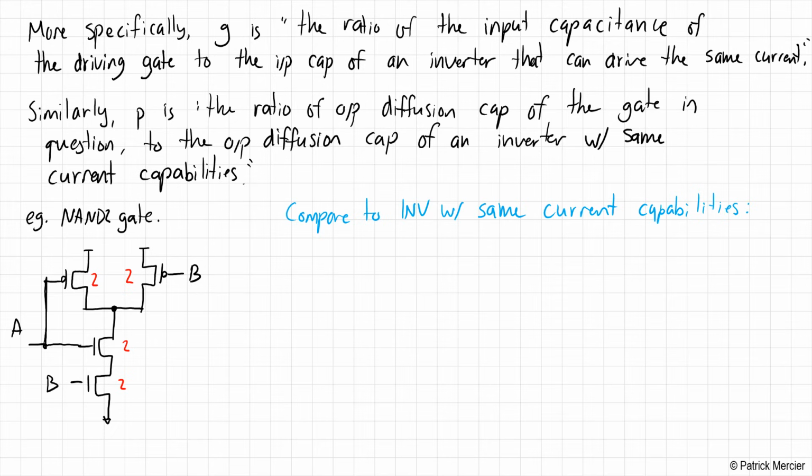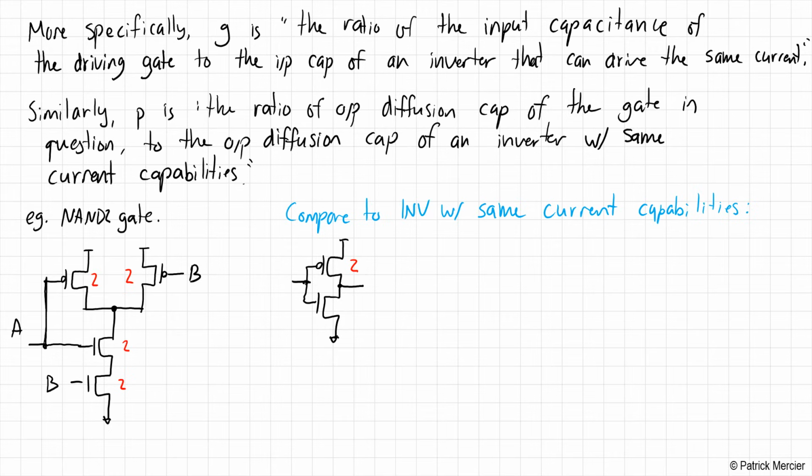Okay, so we can draw an inverter, and the trick is how to size it correctly to have the same current capabilities. Well, we already went through this exercise when we designed the NAND gate, but let's just do this again. In the worst case for the NAND gate pull-up network, only one of those devices is on at the same time, and therefore, to get an inverter with the same current carrying capabilities, we just need to size the PMOS to be of size 2.